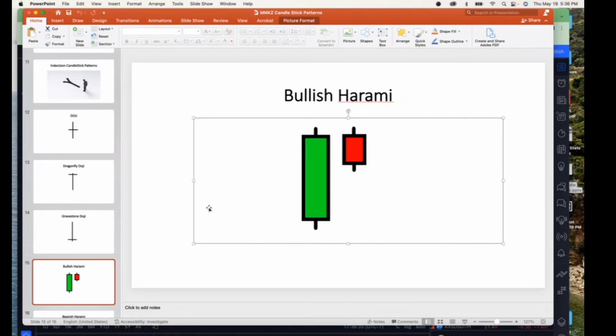So this is a bullish harami. You don't really need to know the name. First one's a bullish candle with a long body, so there's tons of bulls stepping in. They want the price to go up. And then the second body is a bearish candle, but it only ends up to there.